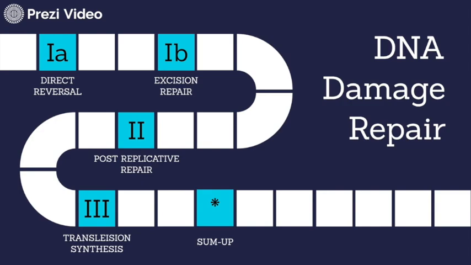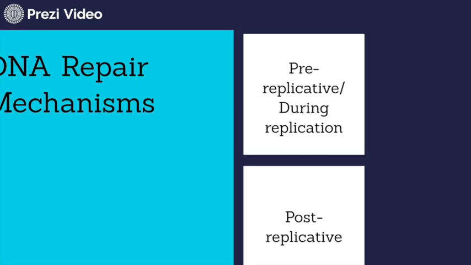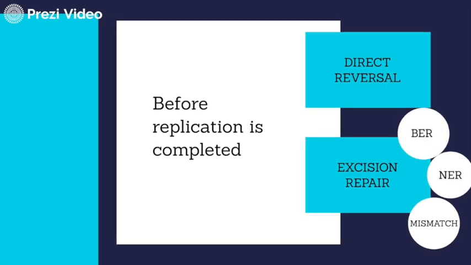So basically what we have seen today is the various types of DNA damage repair, and to sum it all up, we have seen that the DNA repair mechanisms can broadly be classified into those systems which occur during the process of replication, or pre-replicative, and those processes of DNA repair which occur post-replicative. The pre-replicative type of DNA repair can be classified as direct reversal or excision repair mechanism.